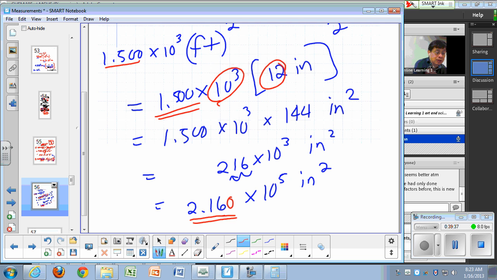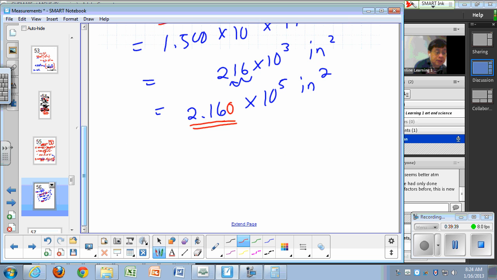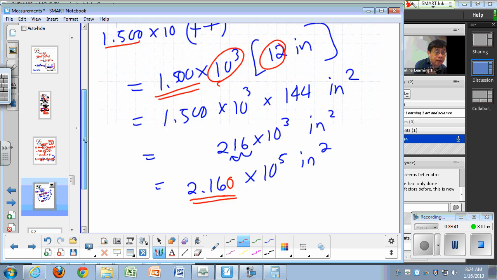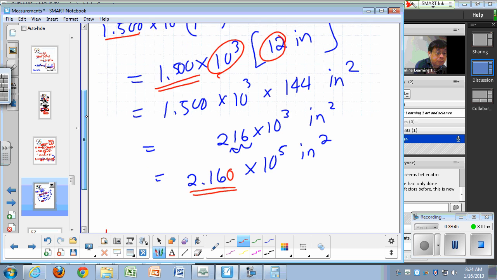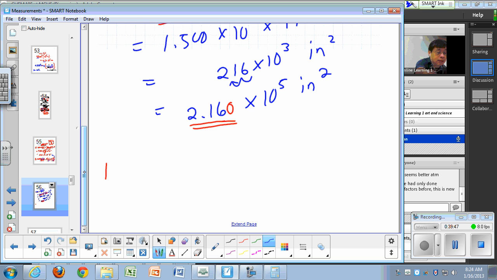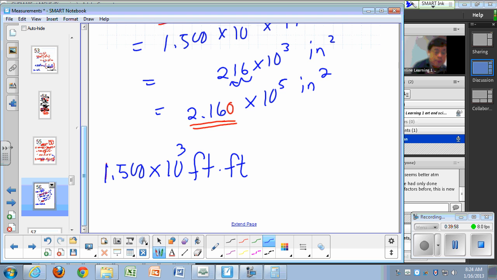Let's try that using conversion factors. You can say 1.500 times 10 to the third square feet. Square feet simply means feet times feet, right? So you need to do your conversion factor twice.